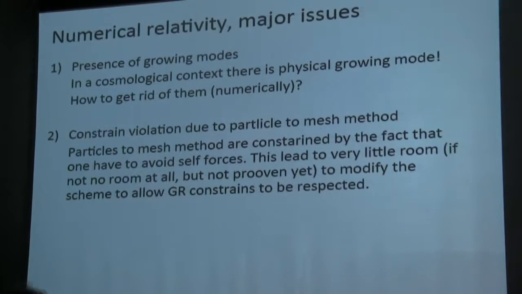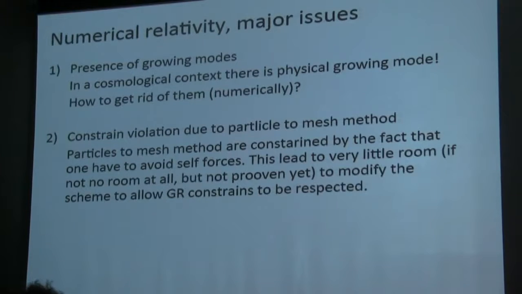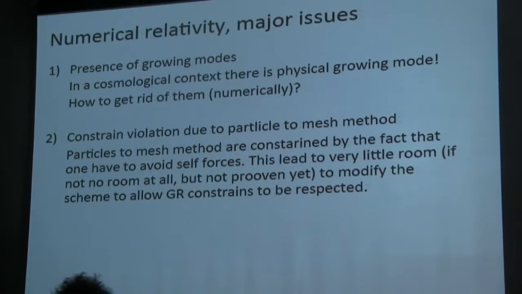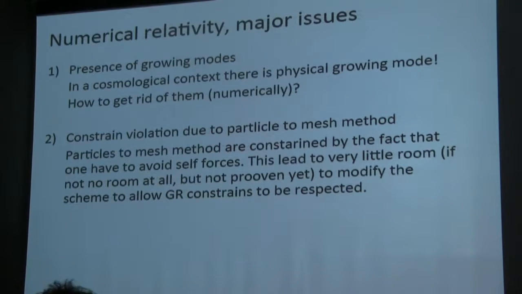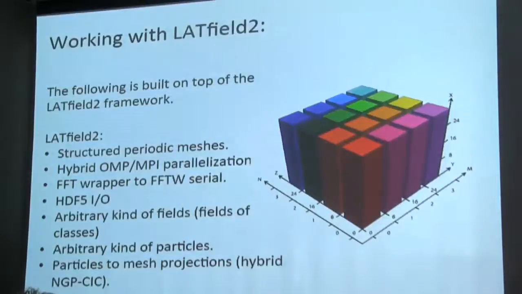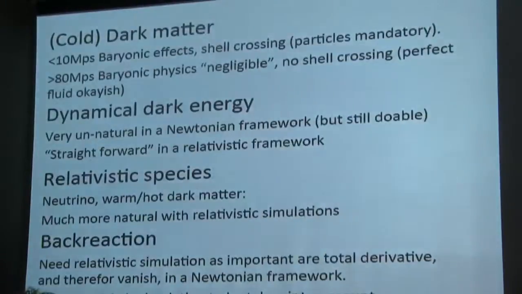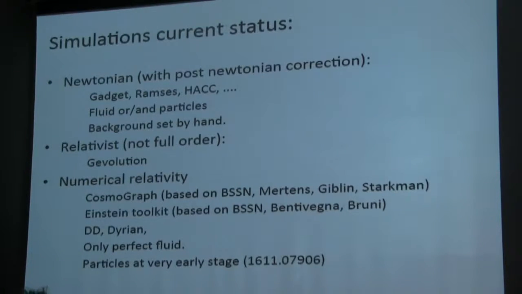You have physical growing modes, so you have to fight to find a way to get rid of them for numerical stability reasons. Then the second thing, and this is very well shown, oh, I should have cited this paper again. Where did I put this paper? Yeah, it's very well shown in that paper.